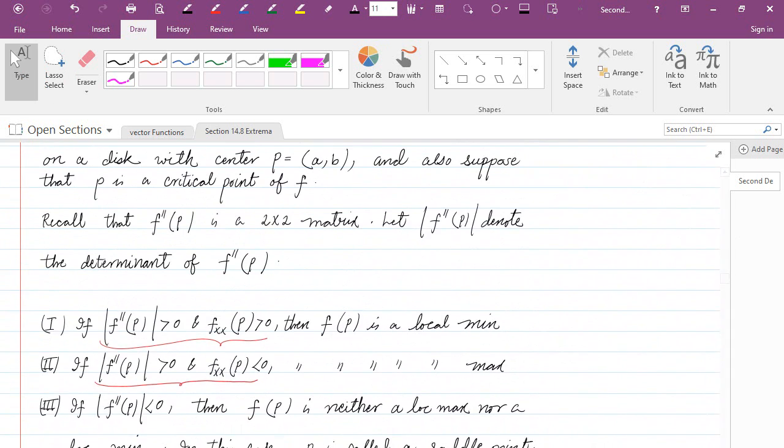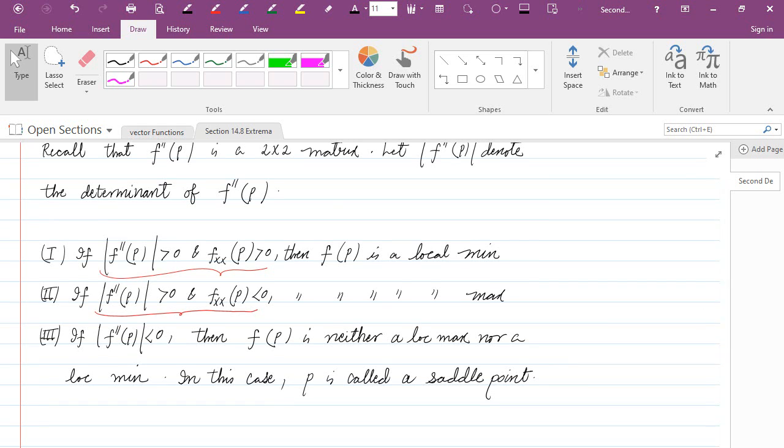And so it turns out that if the determinant of the second derivative of f at P, which is the same as the discriminant, is positive and the second order partial derivative of f with respect to x twice at P is positive, then f of P is a local minimum.